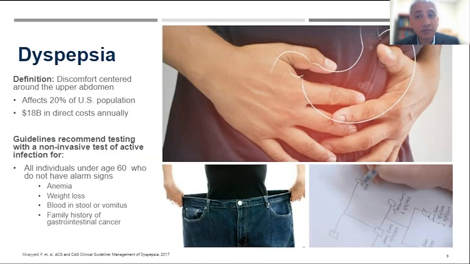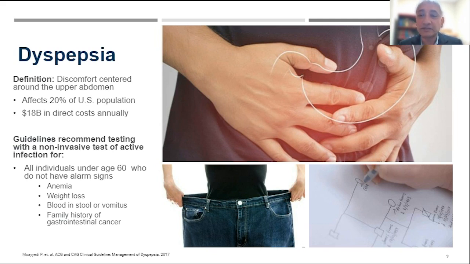Given how common dyspepsia is, I think it warrants its own discussion. As mentioned, the definition of dyspepsia is abdominal discomfort that is centered around the upper abdomen. It can be associated with other symptoms such as belching, bloating, nausea. It affects about 20% of the population within the United States.